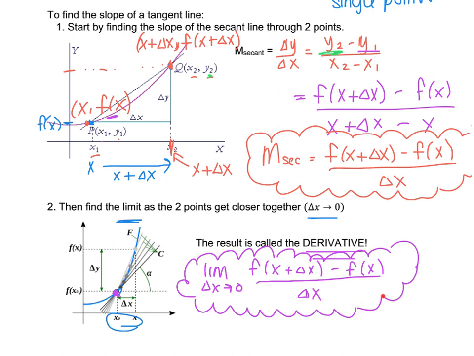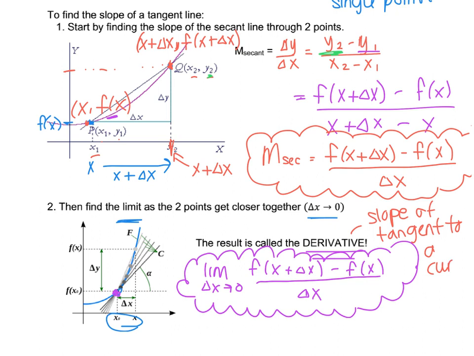So again, what I'm circling right here in the purple is the formula for a derivative. What is a derivative? It is the slope of a tangent line at a single point. Slope of tangent to a curve.